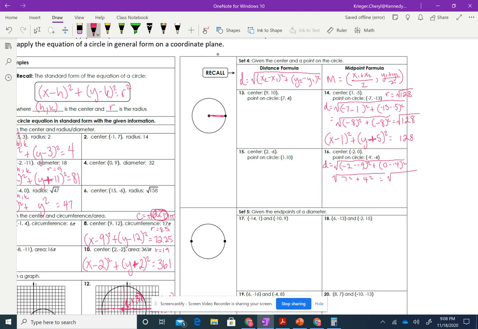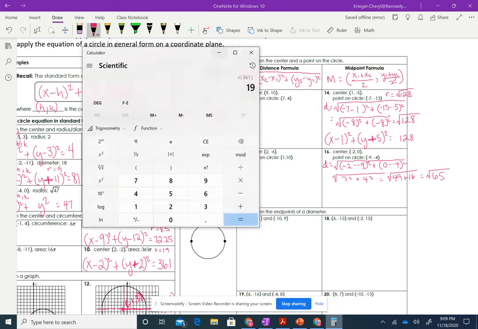What am I thinking? 7 squared is 49. And 4 squared is 16. So this is the square root of 49 plus 16, which is 65. I'll just double check. 49 plus 16 is 65. Okay.